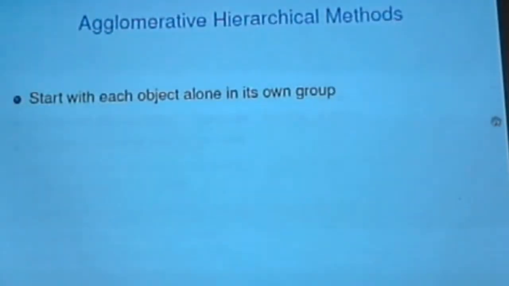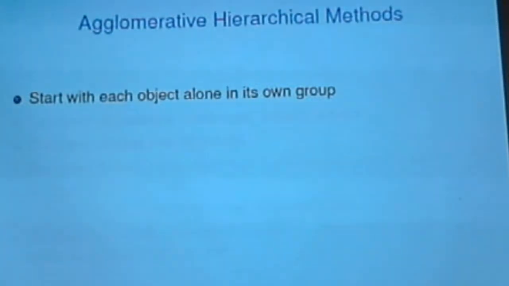The so-called agglomerative hierarchical method starts with each object alone as one group, so you start with capital N groups. Then you group the two most similar observations, those with the shortest distance, together as if they come from the same group. Gradually you end up reaching a single group.